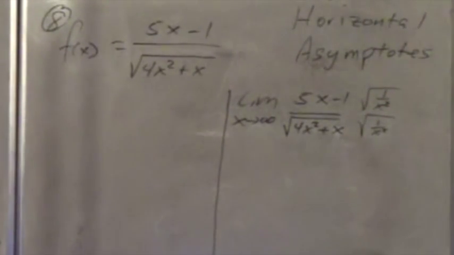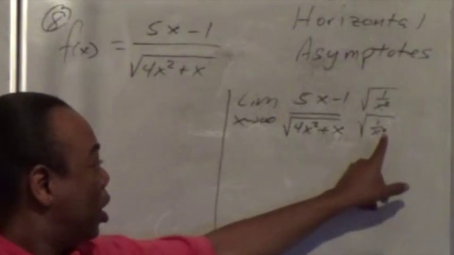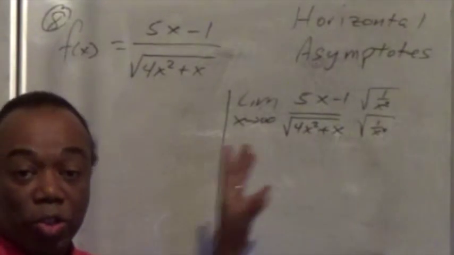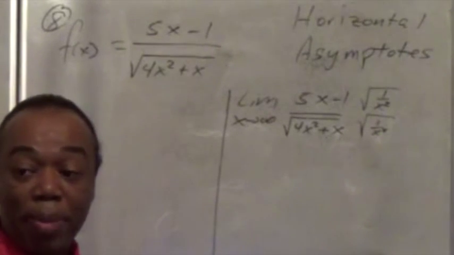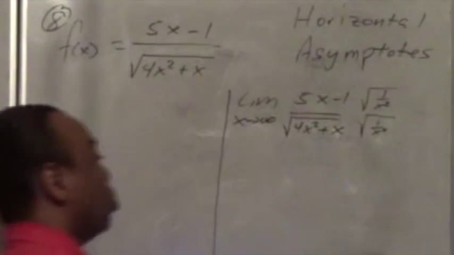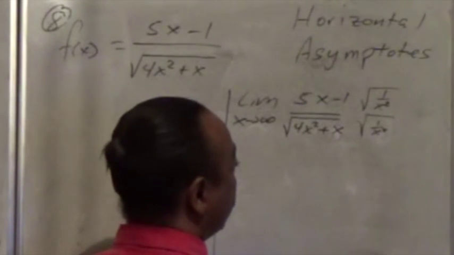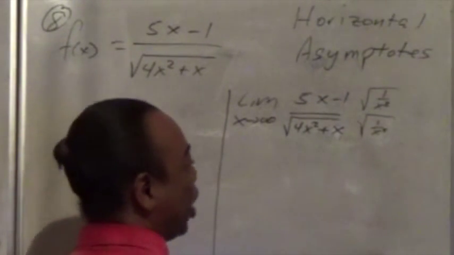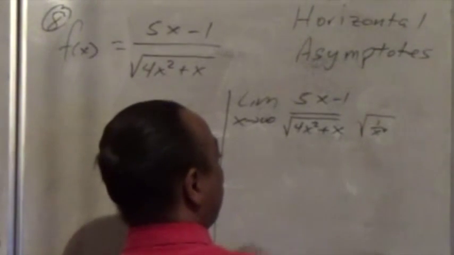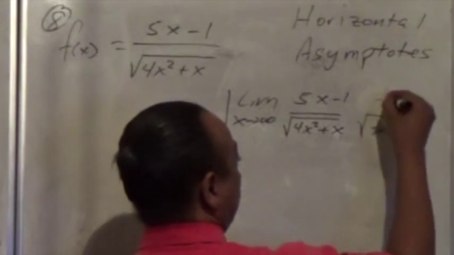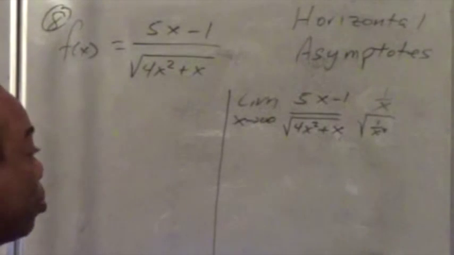Okay, now my x is going in a positive direction, so I'm using positive values. And when you square those positive values, they remain positive. So in fact, let me use a 1 over x for the numerator, rather than a square root of 1 over x squared.